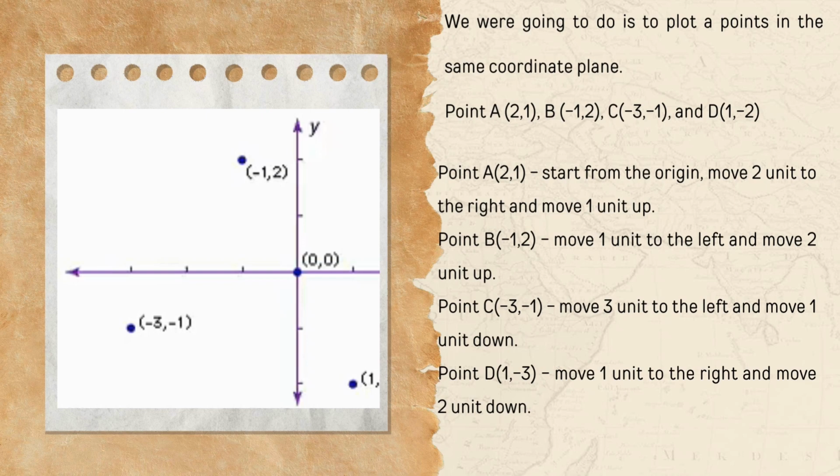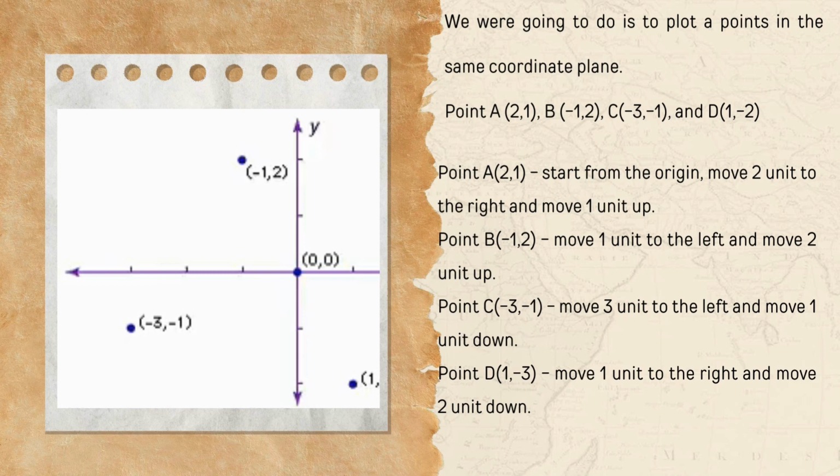Point B is (-2, 2): move 2 units to the left and 2 units up. Point C is (-3, -1): move 3 units to the left and 1 unit down. Point D is (1, -3): move 1 unit to the right and 3 units down.